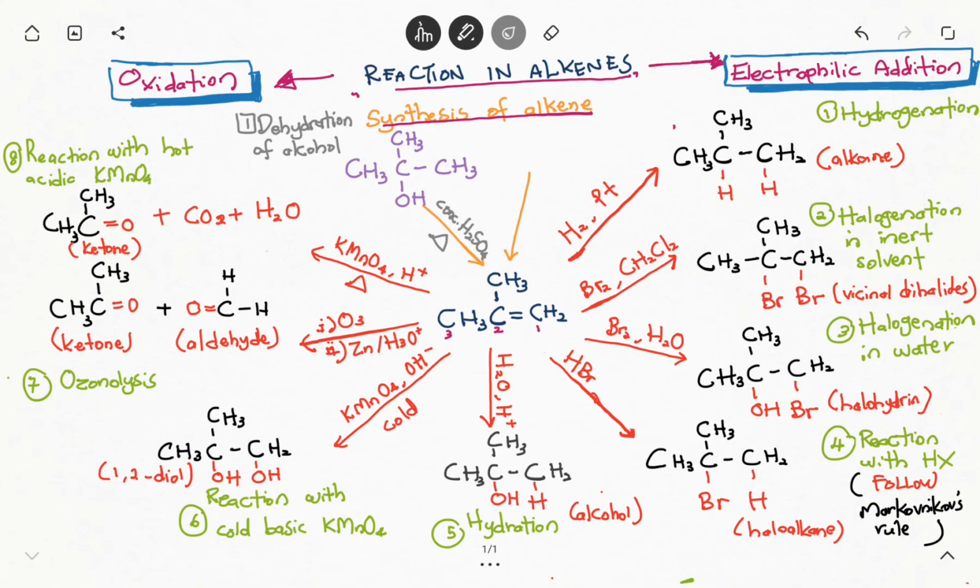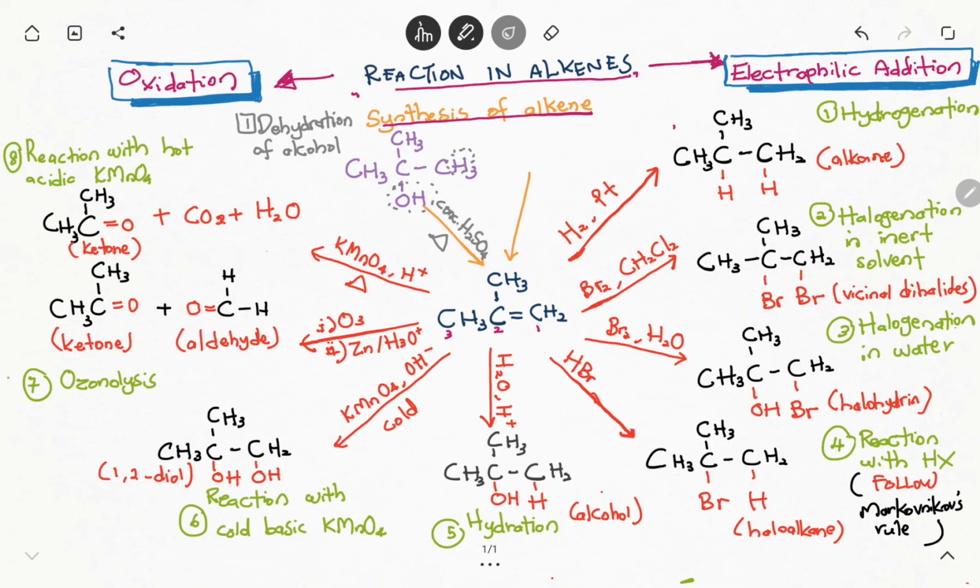We can synthesize alkene from alcohol using concentrated sulfuric acid as a reagent and heat. So the elimination reaction occurs, where one hydroxy group and one hydrogen atom from adjacent carbons are removed from carbon number 1 and carbon number 2.